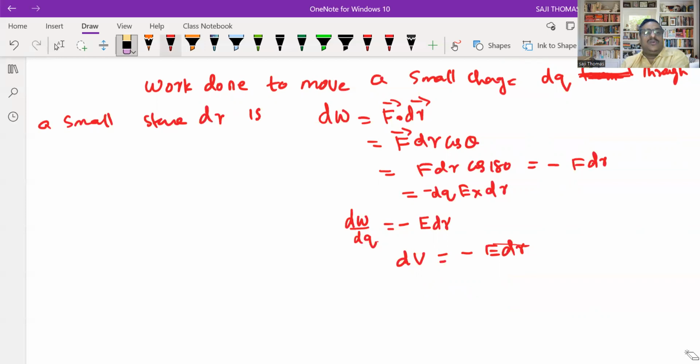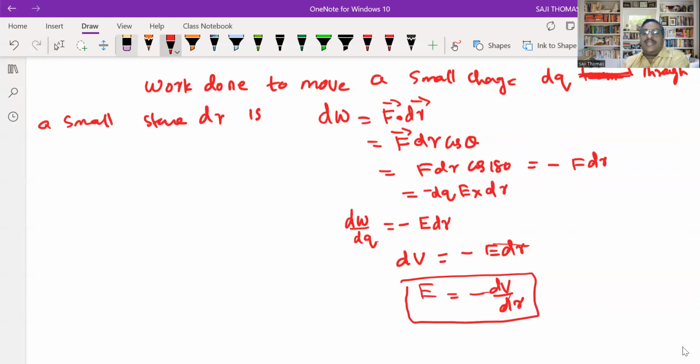E is equal to minus dV by dr. So electric field is the negative gradient of electric potential. V is known as potential.